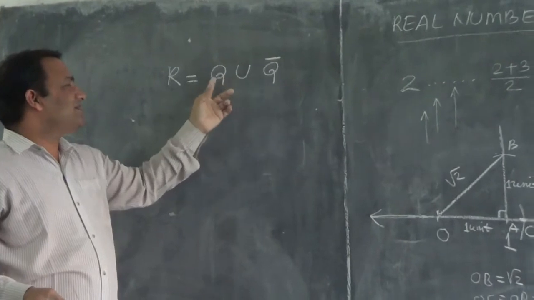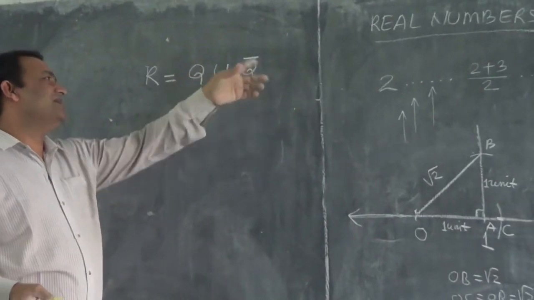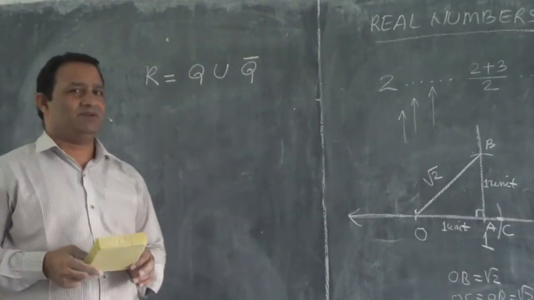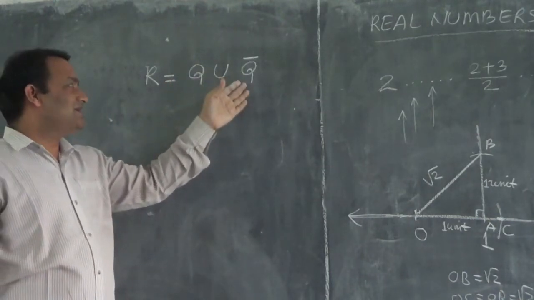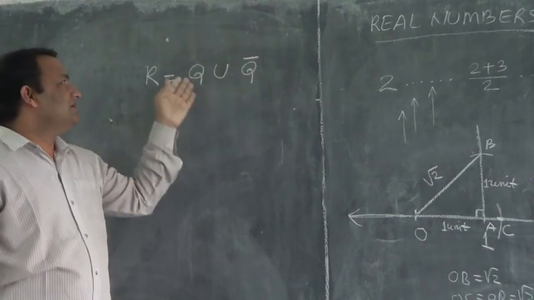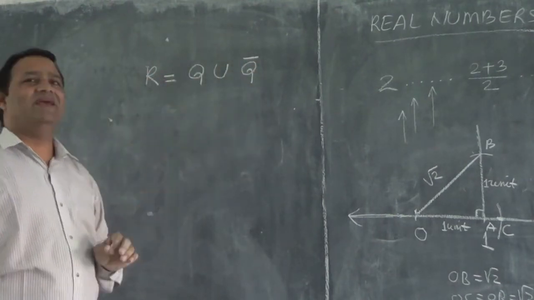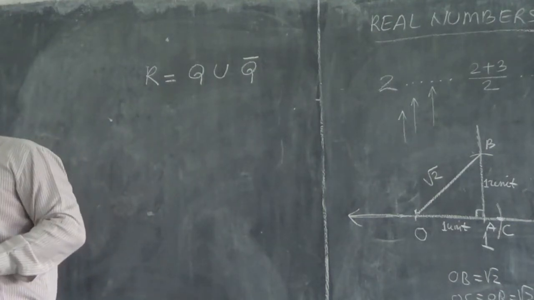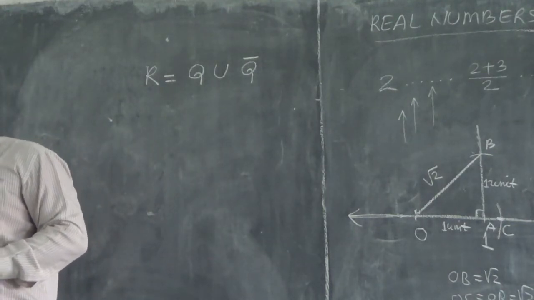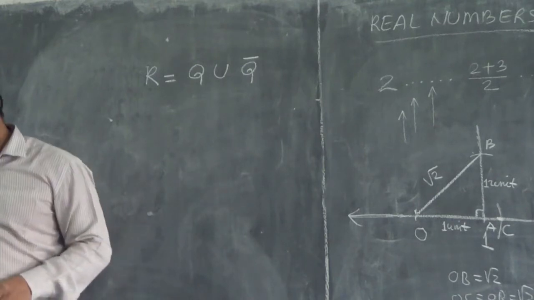The union of rational numbers and irrational numbers gives us the real numbers. So, representation of real numbers.